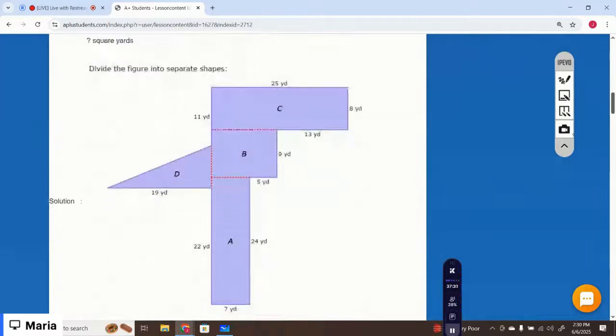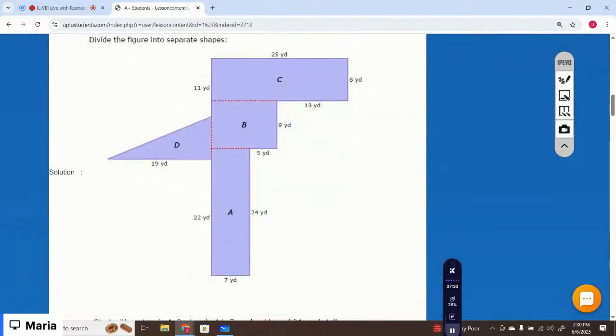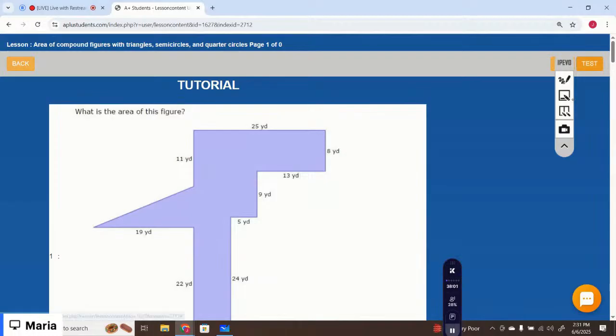Divide the figure into separate shapes. Calculate the areas, like here we have a rectangle, another rectangle, and a triangle. Calculate the area of each shape and then you have to add. Let's just start with the test questions.